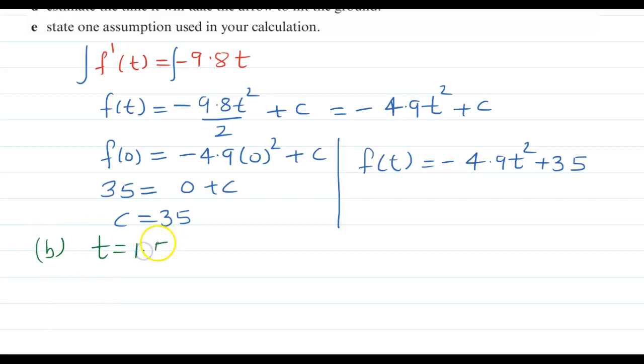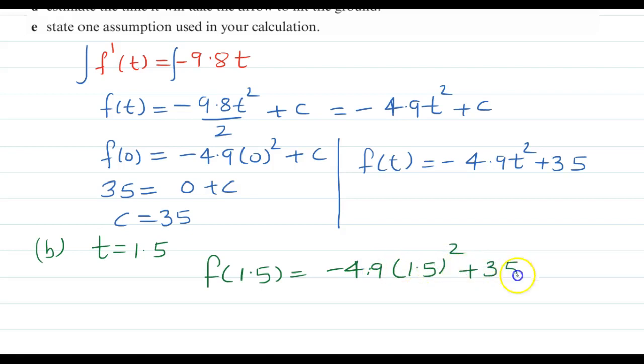Okay, so we can put this value 1.5 here, f(1.5) equals minus 4.9 times 1.5 squared plus 35. If we put this value in a calculator, then it comes to 23.97. Okay, so height of the arrow will be 23.97 meters.